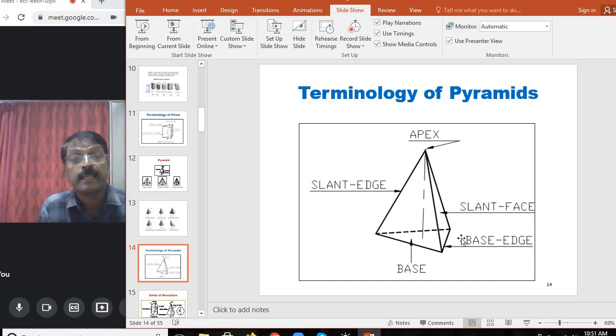The triangular face connecting vertex and one base edge is called slant face, and the triangular shape under consideration is a base, and the edges connecting the base are called base edges.